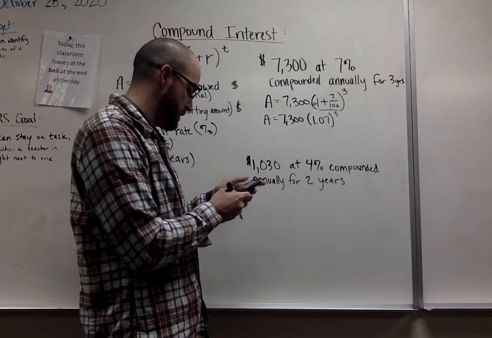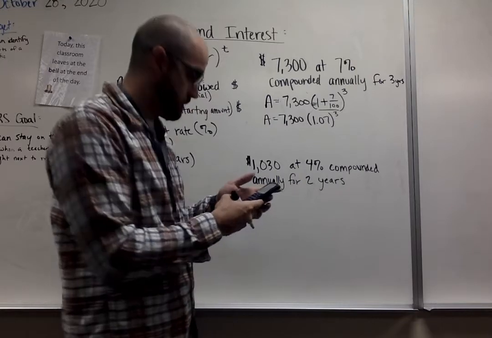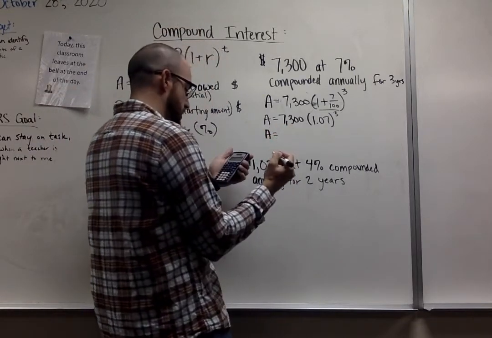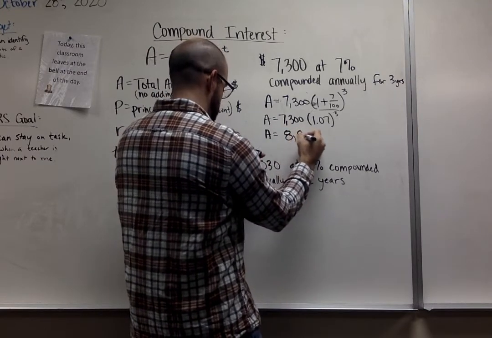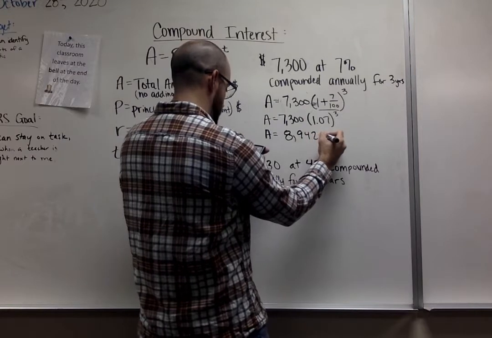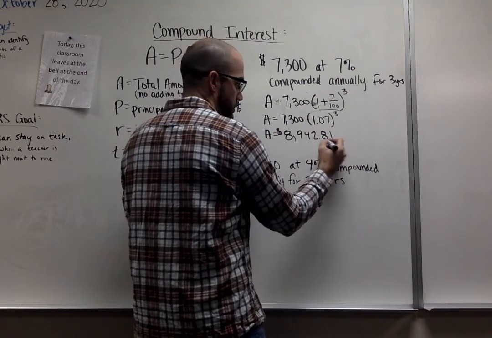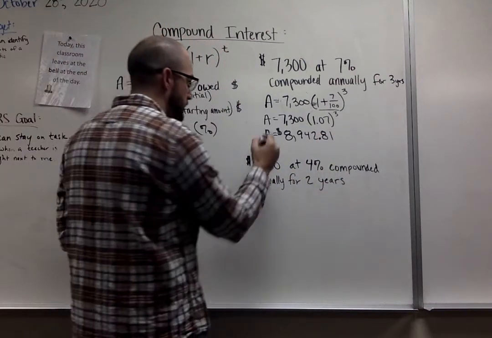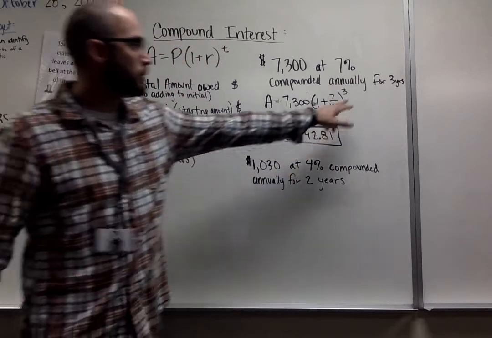So I'm going to hit the caret key and then 3, and we get a big whopping total amount owed of 8,942.81. Again, I will be rounding this to 2 decimal places because we are dealing with money, so that's our cents. Okay, so there is the total amount owed after 3 years.